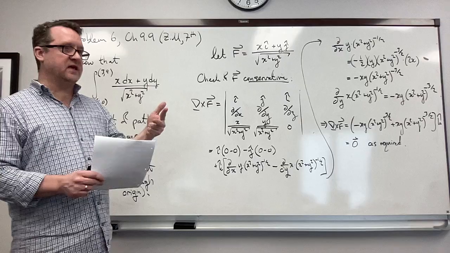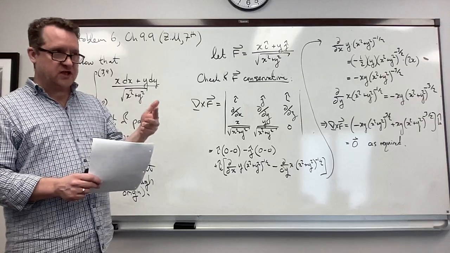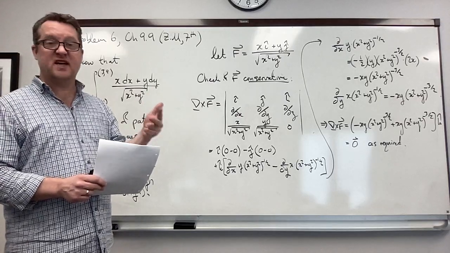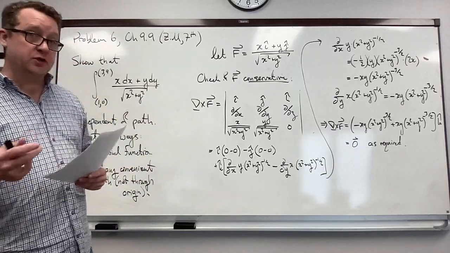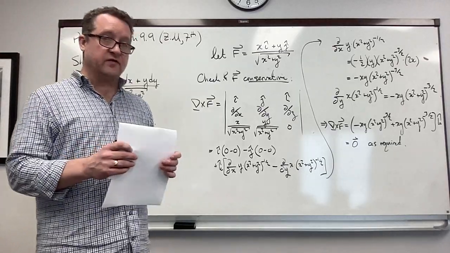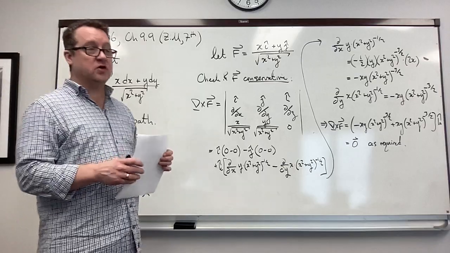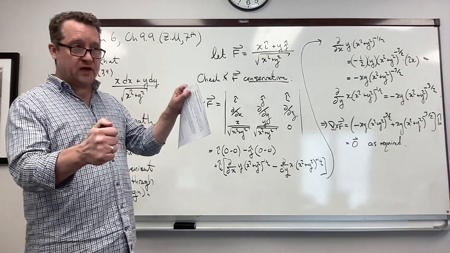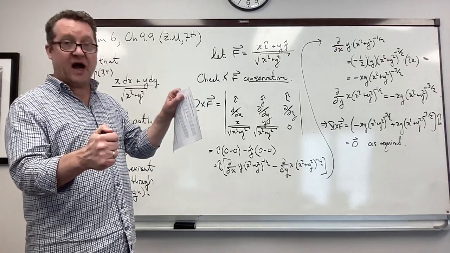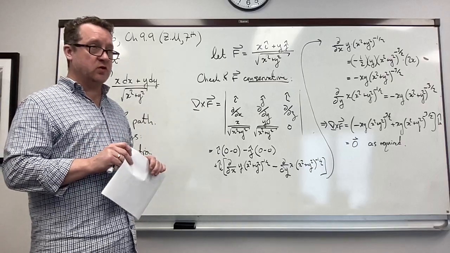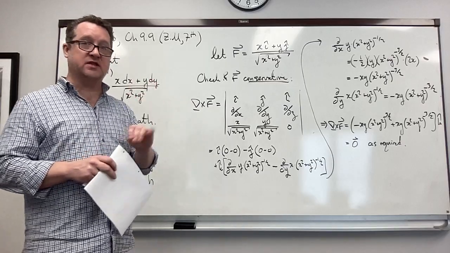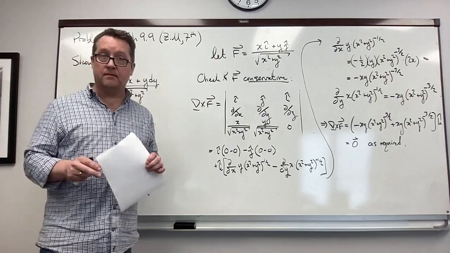That means that the path integral of F dot dr between any 2 points is independent of path. And finally, you can find a potential function for the vector field, and the difference between the potential function at the endpoints of the path will equal the line integral. Those are 4 things, and they're all elements of this problem.